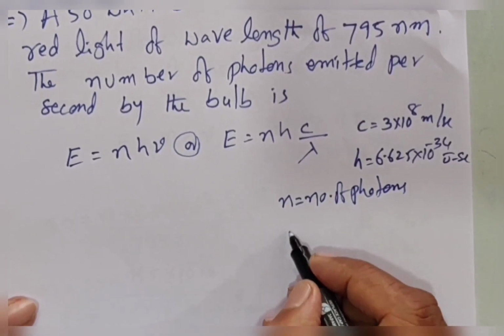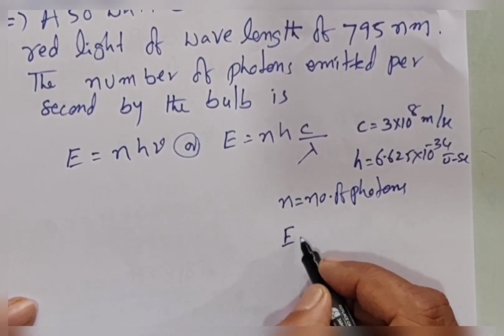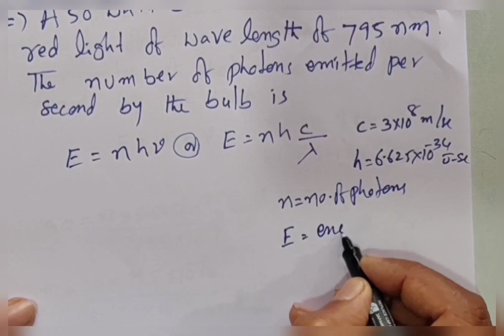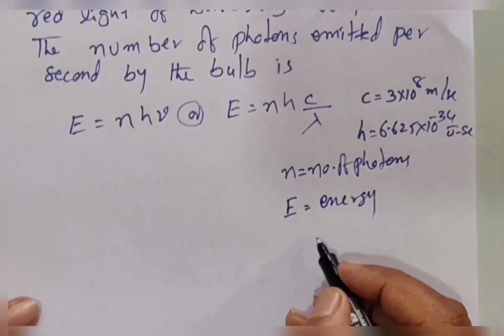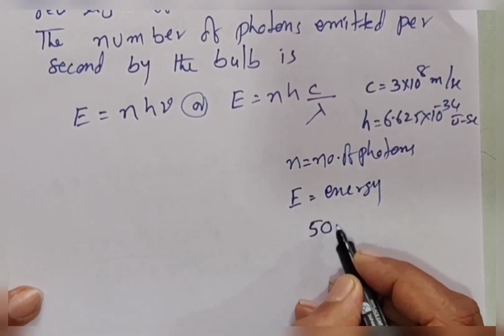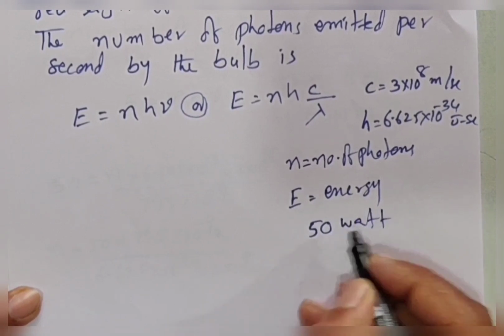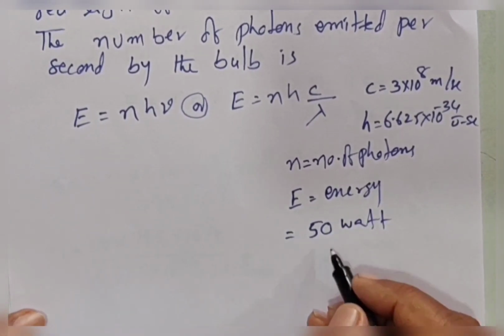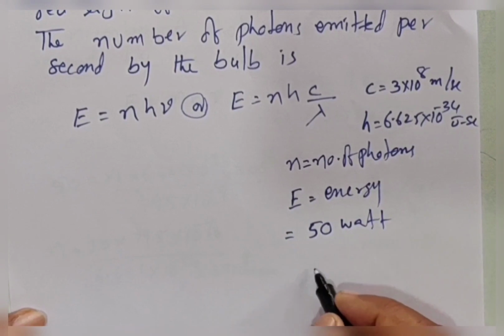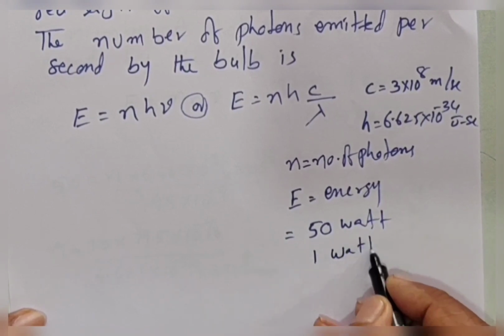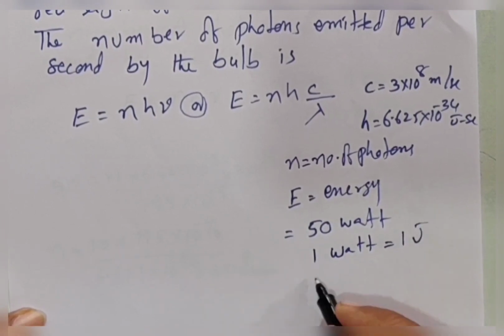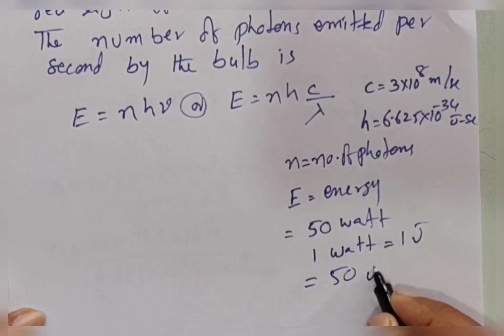E is equal to energy. The given value is in watts, 50 watt energy is given. Then you have to convert it into joules. So 1 watt is equal to 1 joule, then that is 50 joules.